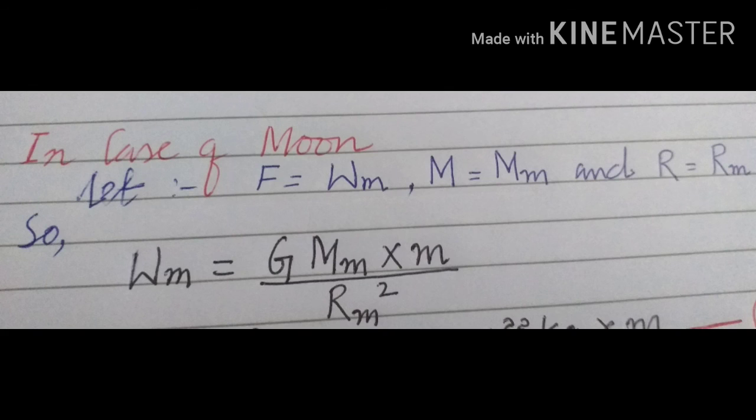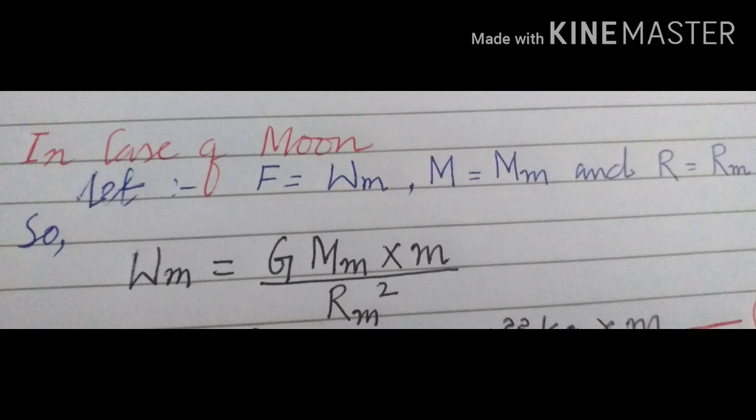So we'll get Wm is equal to G, the gravitational constant, into capital M small m into small m divided by Rm square. So G is as it is. Clear? You have to keep it as it is.